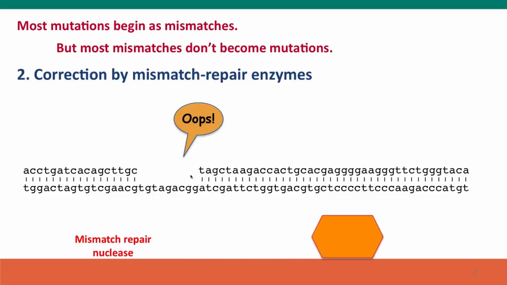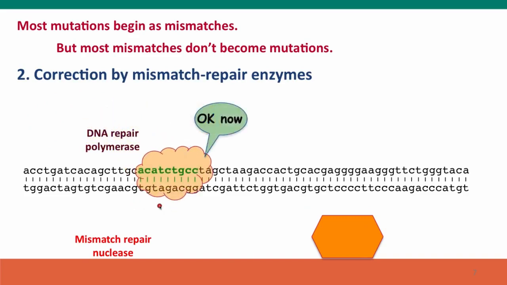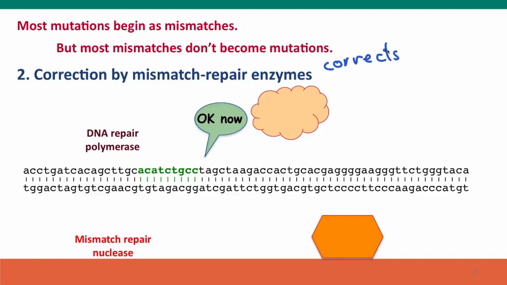This creates a gap in the DNA where a repair polymerase, a special DNA polymerase called a repair polymerase, can come in and fill in the gap using the template strand to insert the correct base. And then the DNA repair polymerase leaves the DNA, and we've restored functional DNA. So the efficacy of mismatch repair is such that it corrects about 90% of what proofreading overlooks.